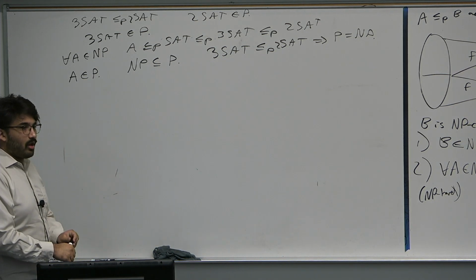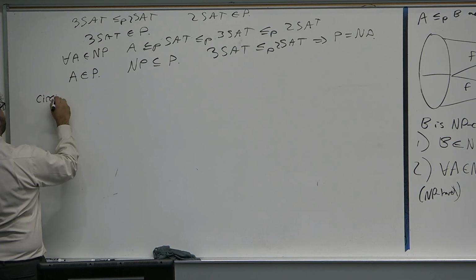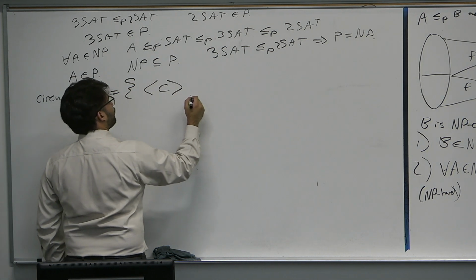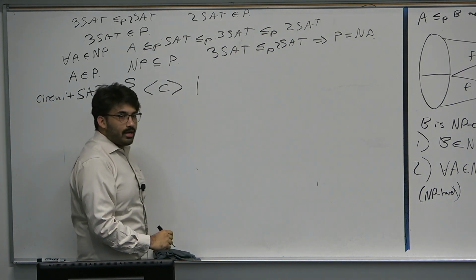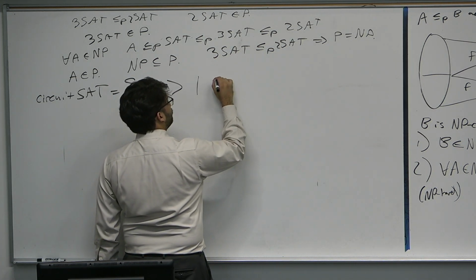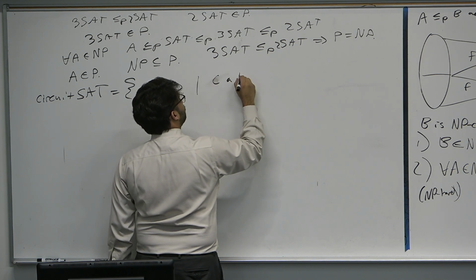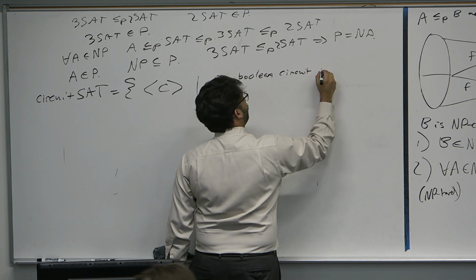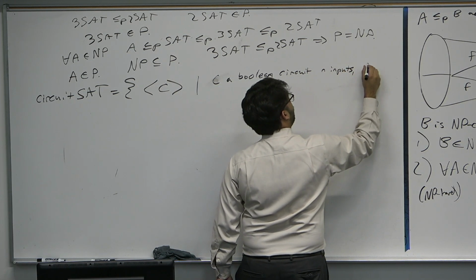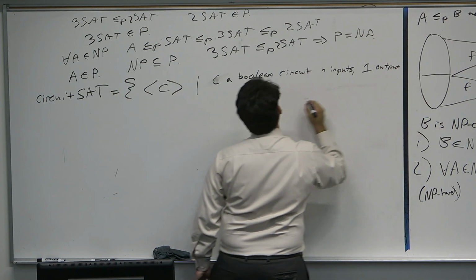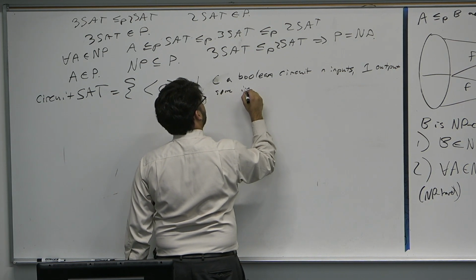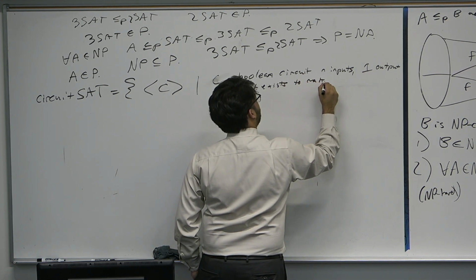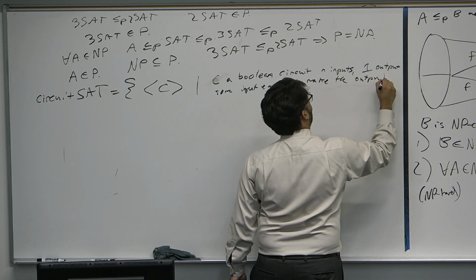Okay, let's do another problem. Let's call it circuit SAT. Circuit SAT consists of encodings of circuits C, Boolean circuits with n inputs and one output, such that some input exists to make the output 1.